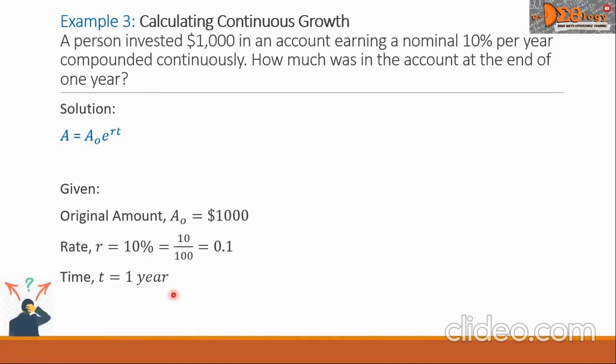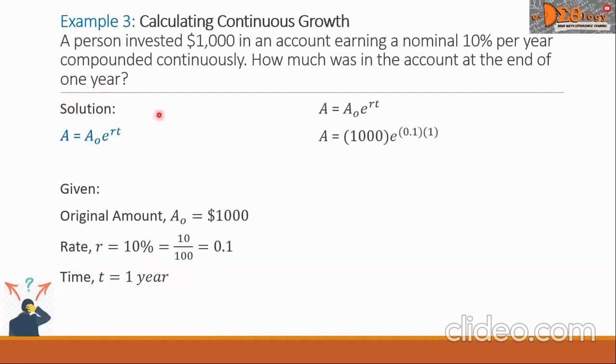So let us check again if our rate and the time are of the same unit of measurement. Our rate is 10% per year and the time is 1 year. So they are the same. We will now proceed with our computation.